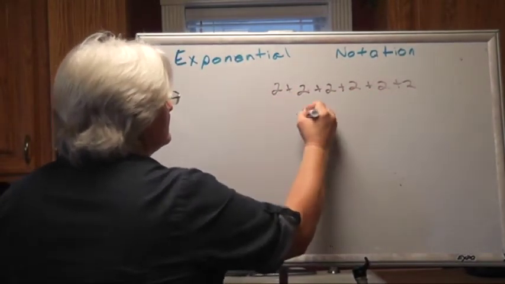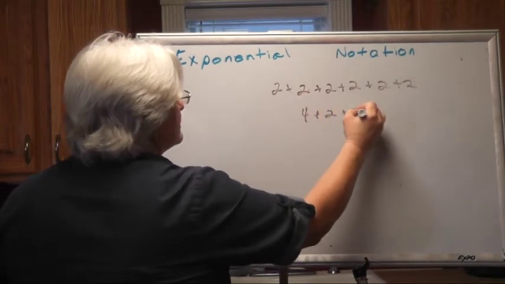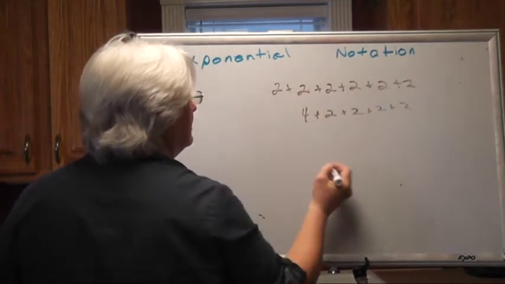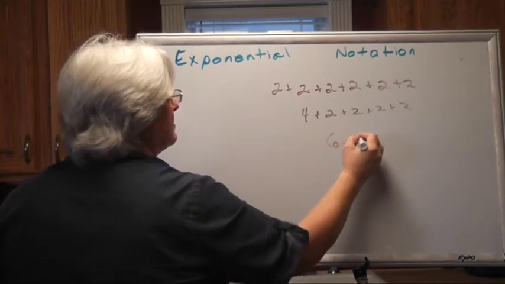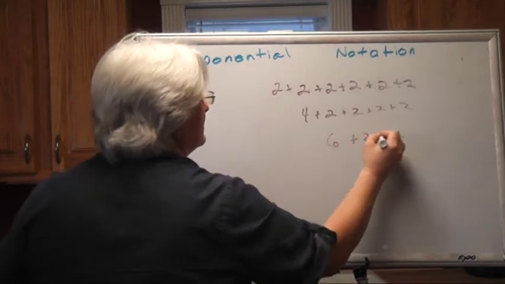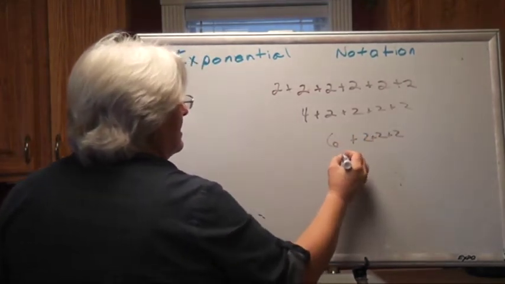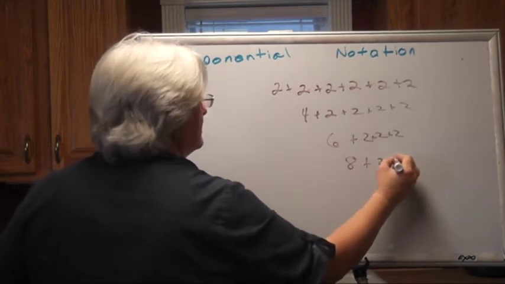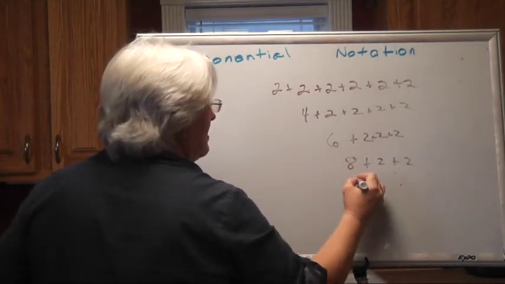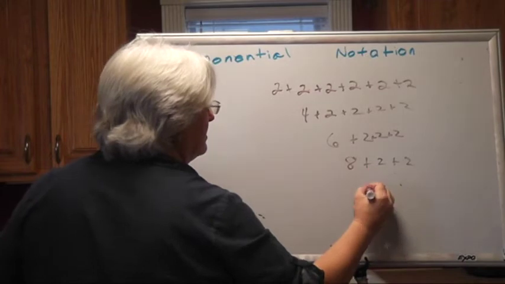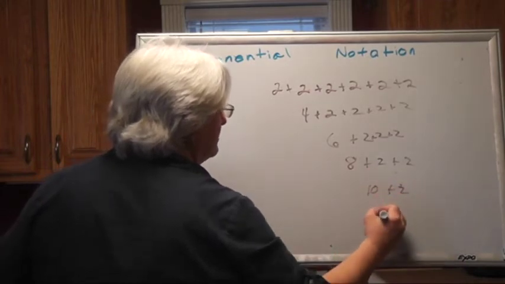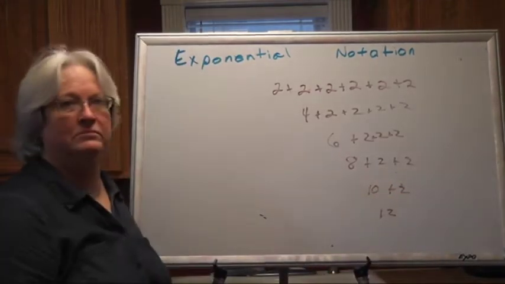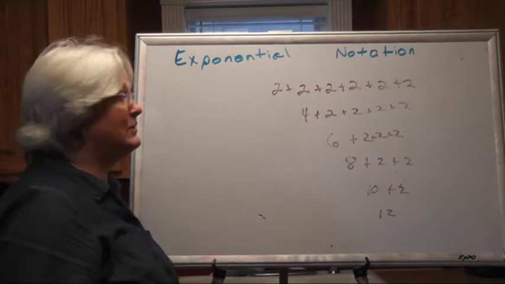Okay, 2 plus 2 is 4, plus 2 plus 2 plus 2 plus 2. 4 plus 2 is 6, plus 2 plus 2 plus 2. 8 plus 2 plus 2. Not 8 again. 10 plus 2. 12.